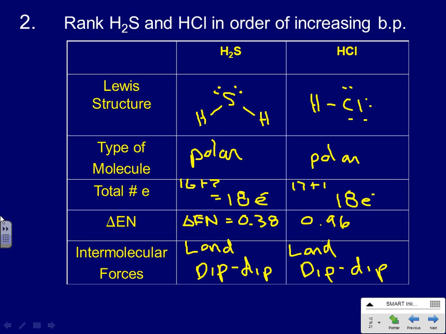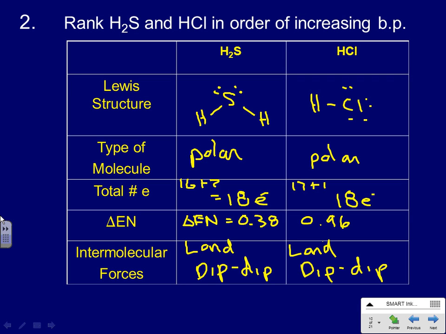And the question is, increasing boiling point. Well, this actually becomes a little more difficult than you might think. As I stated yesterday, in order to determine the overall polarity of a molecule that has more than one bond, we have to actually add up the dipole vectors to get the overall dipole, right?